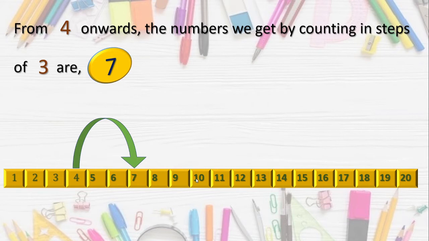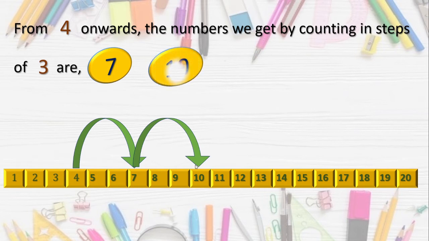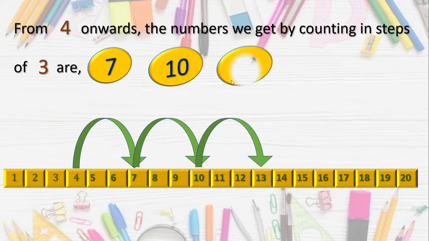Come on, tell me. 8, 9, 10. Isn't it? So the next number is 10 because we are counting in steps of 3, right? We will write 10 here, then from 10 to 13 we'll write 13 here.